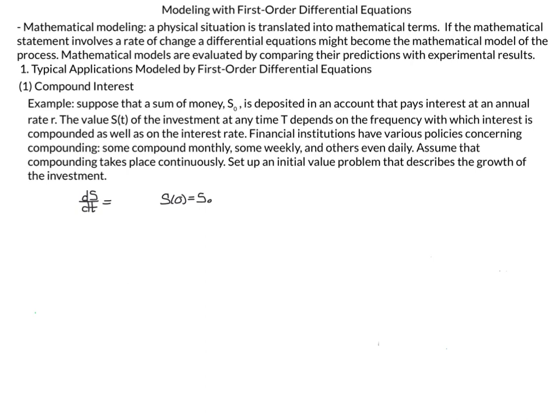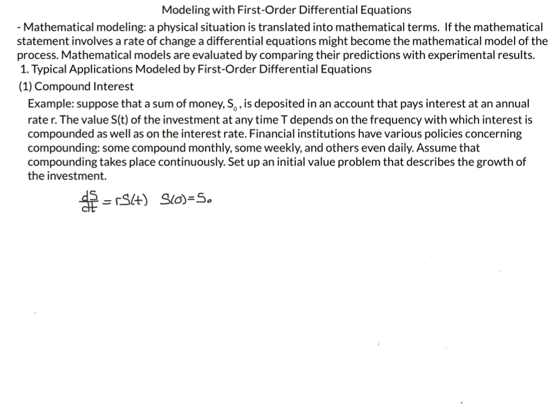To find an equation for S, first my initial value: S at time 0 is equal to S naught. Then I'm going to set up my differential equation dS/dt. What does dS/dt depend on? It depends on the interest rate, and we're compounding continuously.